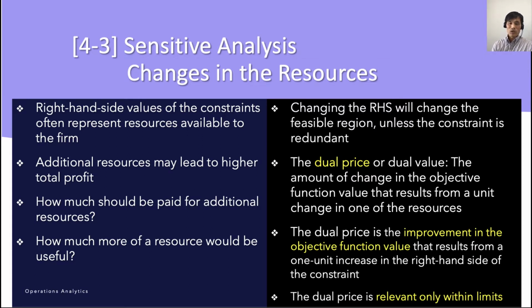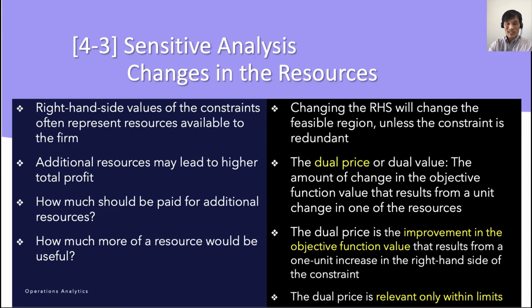Note that when changes in the resources happen, it will change the feasible region unless the constraint is redundant. However, the amount of possible increase in the right-hand side is limited. If the right-hand side is increased beyond the upper bound, then the objective function would no longer increase by the dual price.